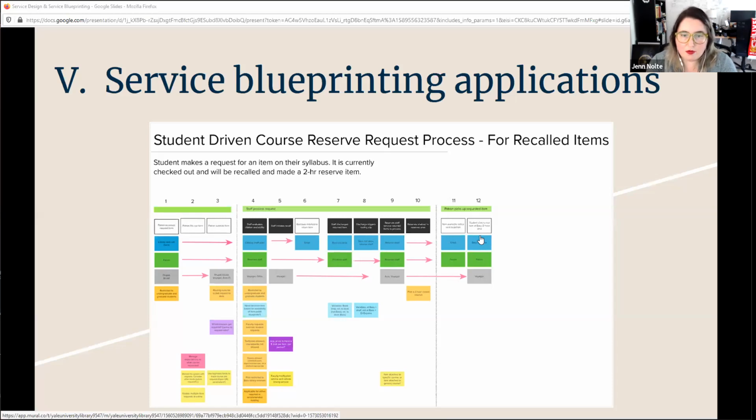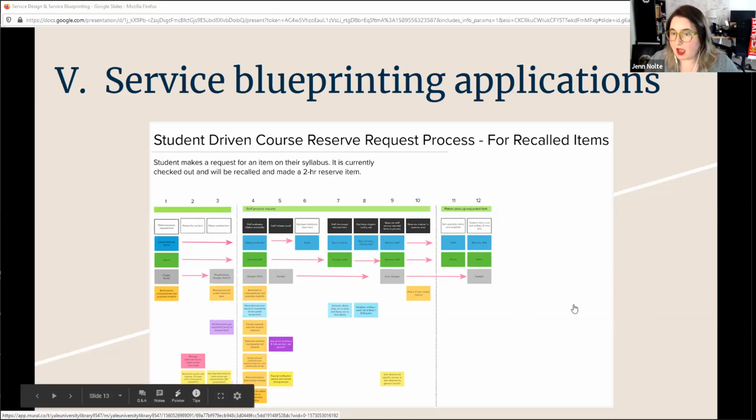This was a service that didn't exist for students, but we did already know about the service that existed for faculty. So we went through and documented the different steps that the process would have, and tried to better understand what the different pieces of that process might end up being.